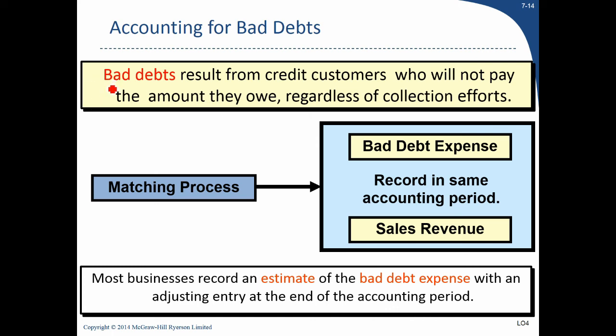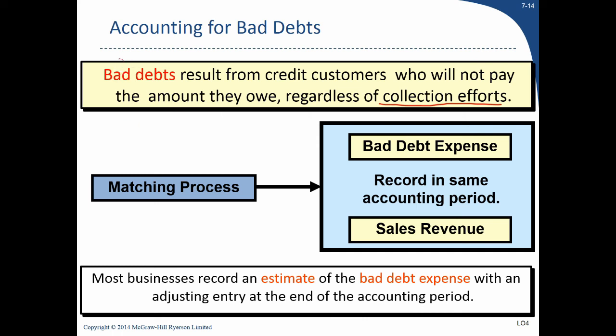The problem is, all of these collection efforts, and figuring out that your customer has gone bankrupt and won't pay you, takes a very long time. And you'll remember that the matching process wants to match the expenses with the revenues.